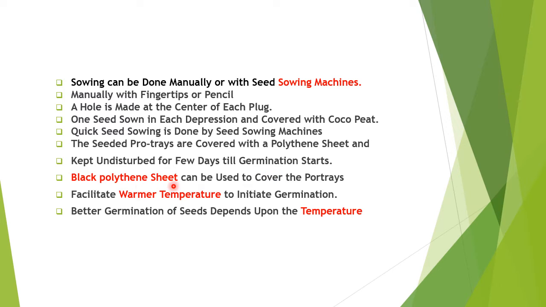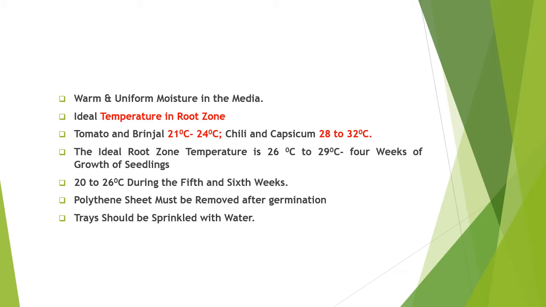Black polythene sheets can be used to cover the pro trays, and they facilitate a warmer temperature to initiate germination. Better germination of seeds depends upon the temperature. So when the seeds are to be germinated, it should have a good temperature, warm and uniform moisture in the medium.